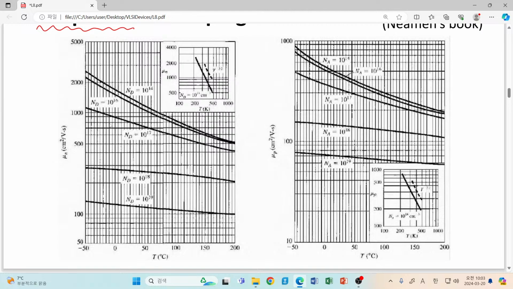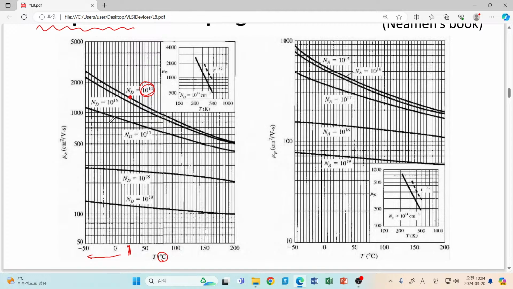This is the Celsius scale, and we are living somewhere around here. When we go to lower temperature, you can see, for example starting from this one, whose doping density is quite small, 10 to the 14. Actually, 10 to the 14 is really difficult to make.